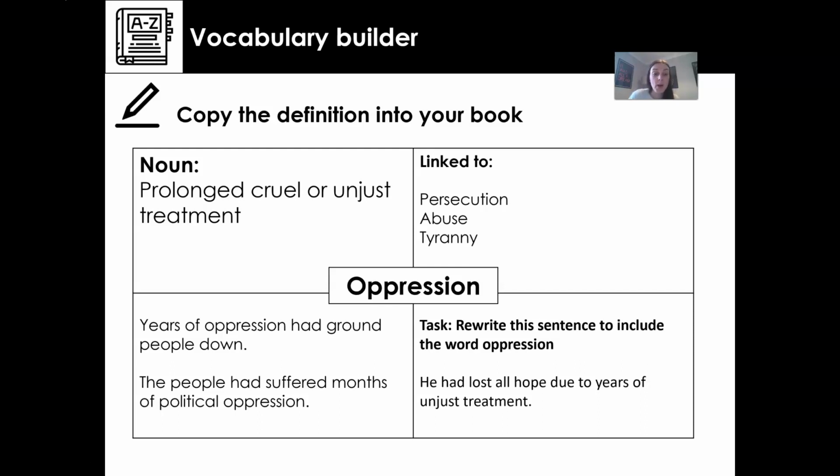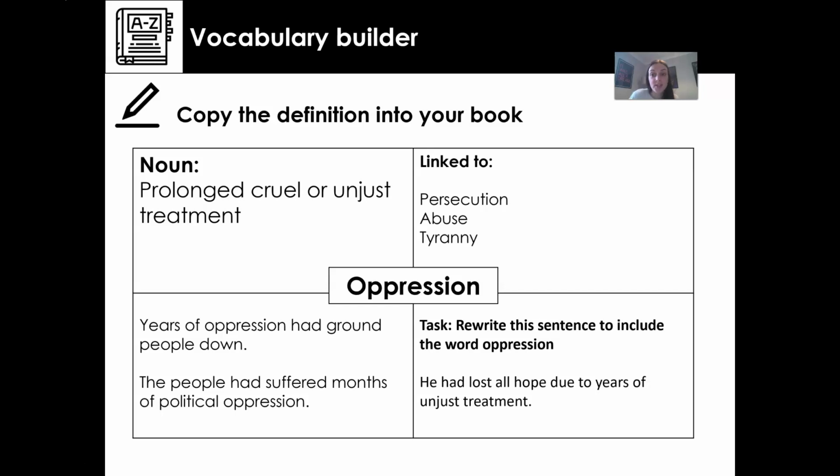So when we talk about oppression, it's a noun, it's used to describe the prolonged, so something that lasts a long time, cruel or unjust treatment of somebody or a group of people. Quite often, oppression is linked to the cruel treatment of people by those in positions of power and authority.